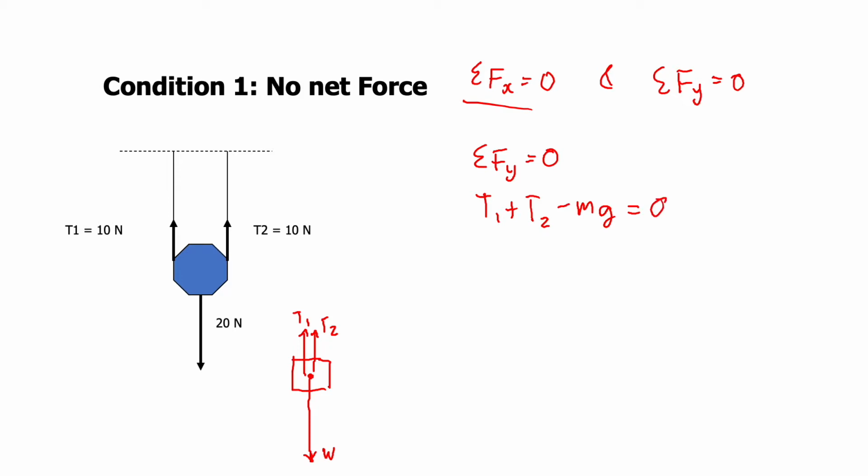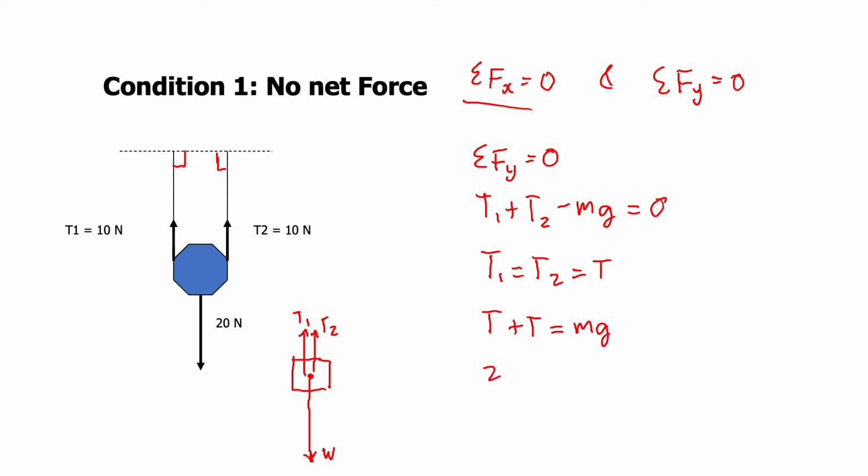Now we can say that T1 is equal to T2 since they are both perpendicular to the horizontal, so we can say that this is equal to T. Let's just use T. Going back to this equation, we have T plus T, and then let's move mg to the other side. So that's equal to mg.